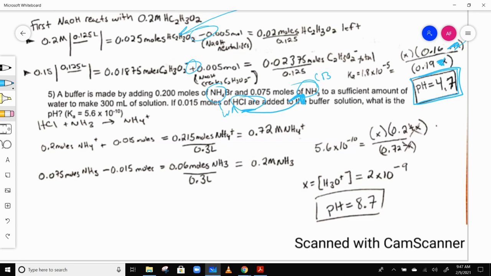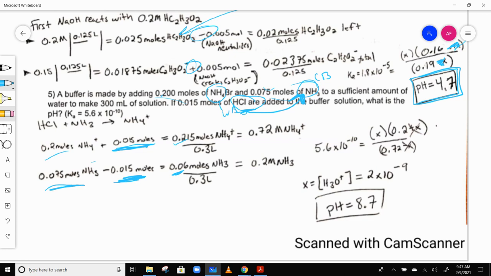So this one, they gave us number of moles of this and moles of that, so we didn't actually have to figure out how many moles of each. So I did 0.02 plus the 0.015 because we're adding the acid, so we're going to get more acid. And then the base minus the amount of strong acid we added.